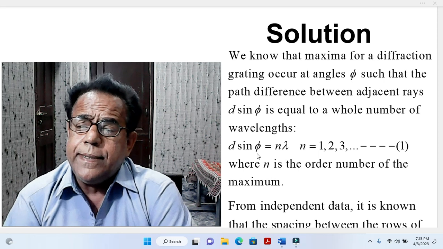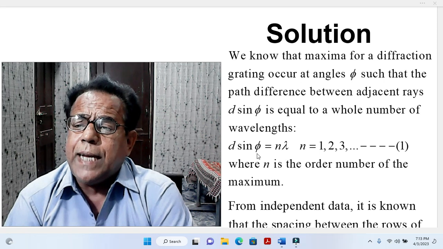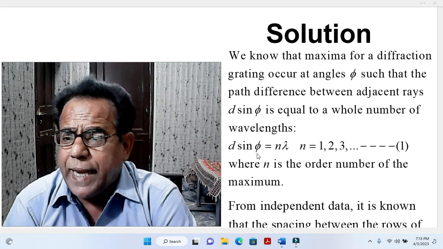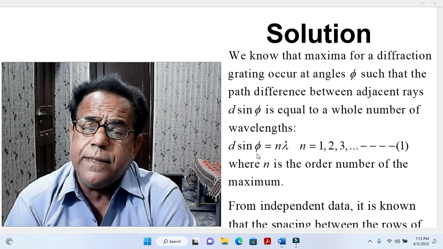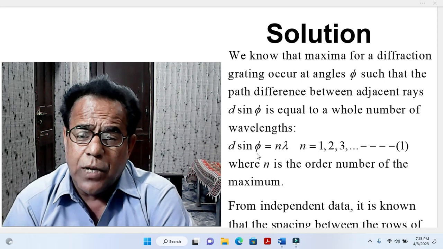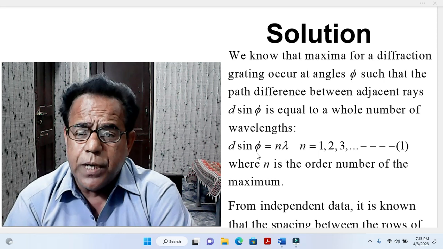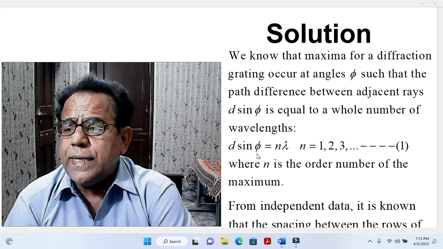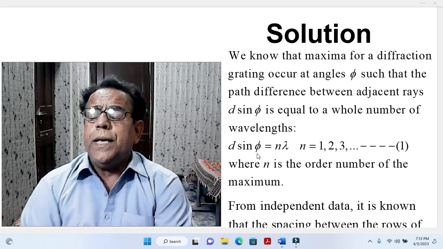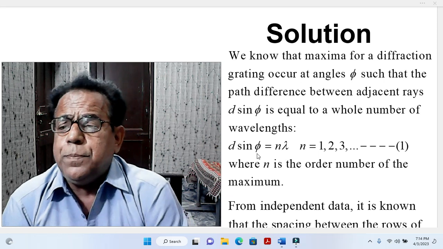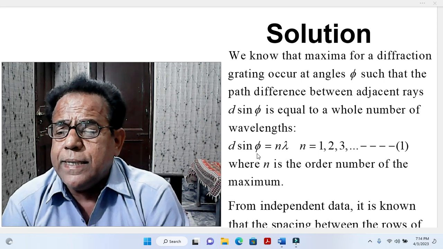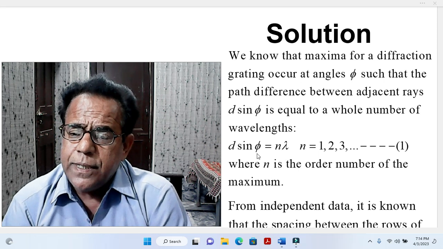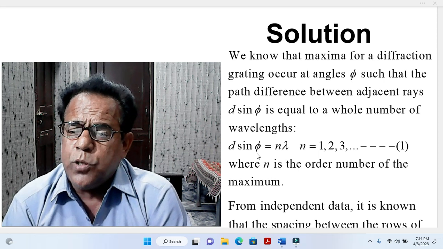The wording which I have used before writing this expression has been chosen from the same book which we are following, that is Modern Physics by Kenneth S. Crane, regarding this expression, which is basis of solution of this problem.